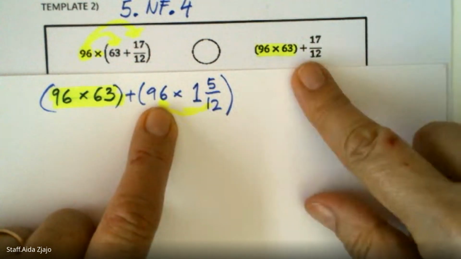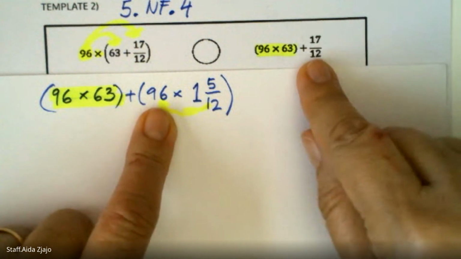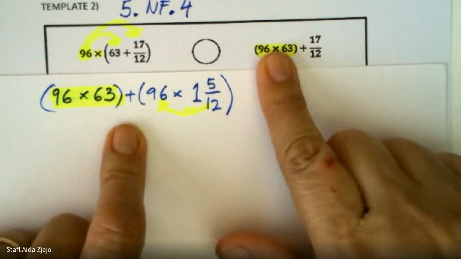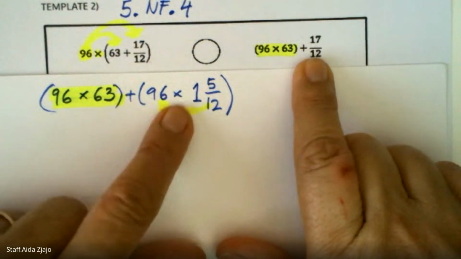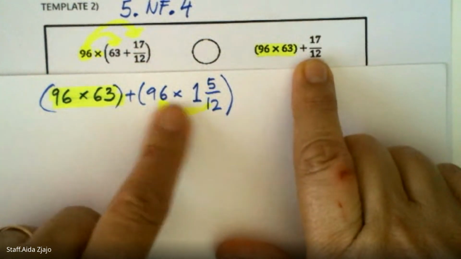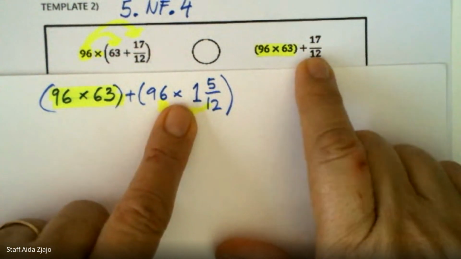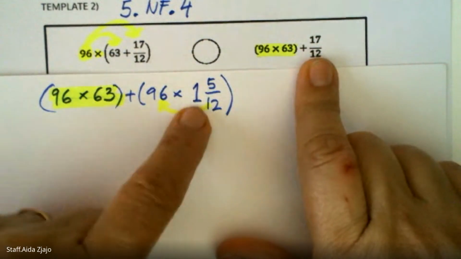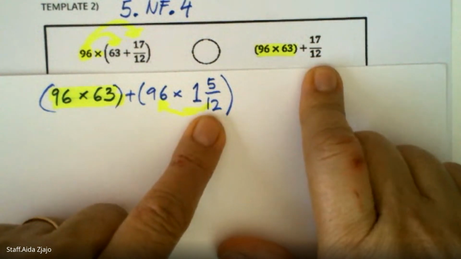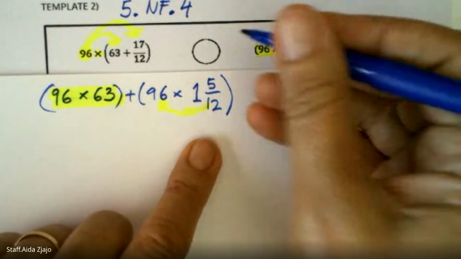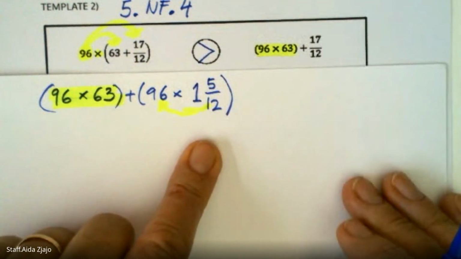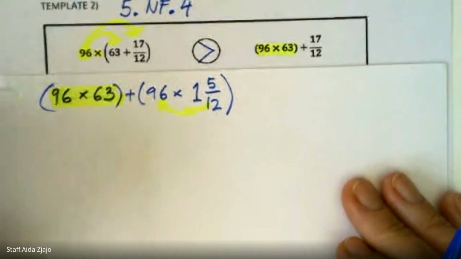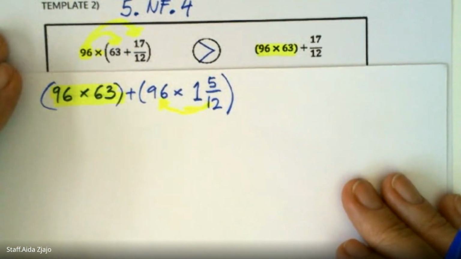On this other side, you have the same product, but instead of adding 96 plus half of 96, you will only add 1 whole and 5 twelfths. So definitely we know that this side is going to be greater in product, without calculation.